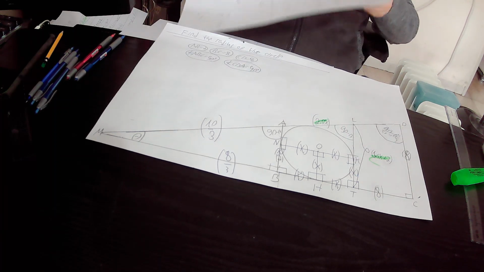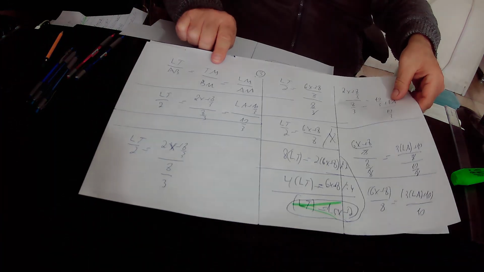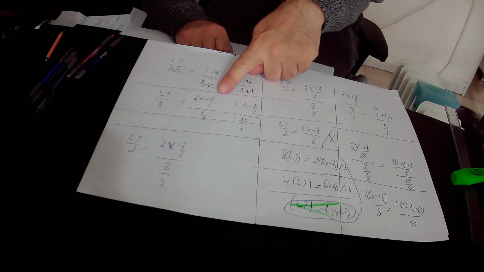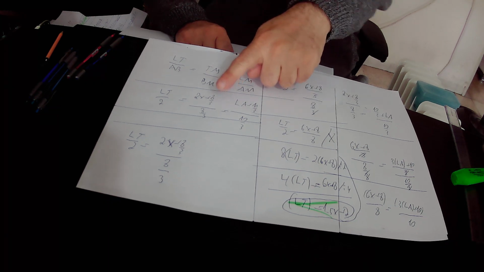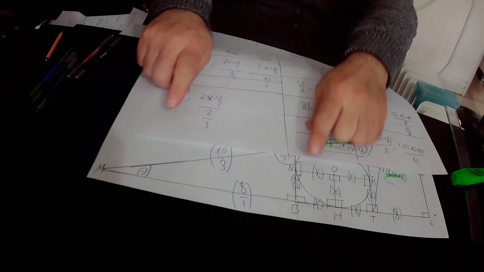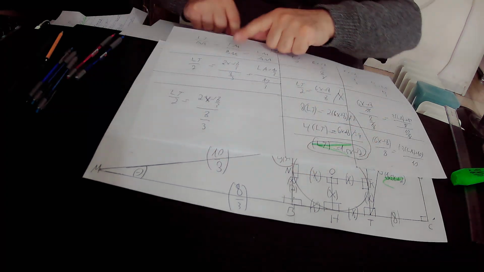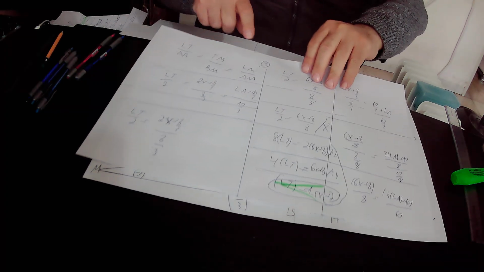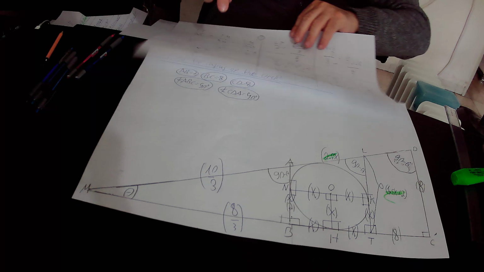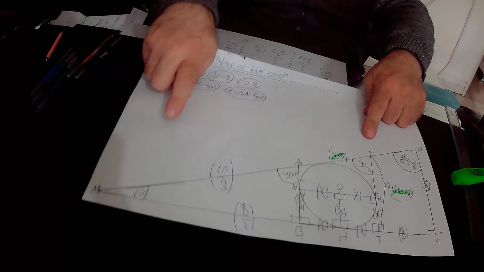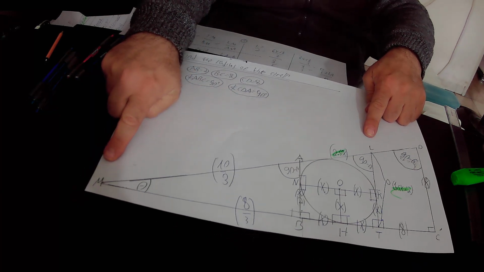Here, TM equals 2x plus 8 over 3, over BM. BM equals 8 over 3. Here, BM equals 8 over 3, and it equals LM over AM. What is the value of LM? Here, LM in total equals LA plus AM.